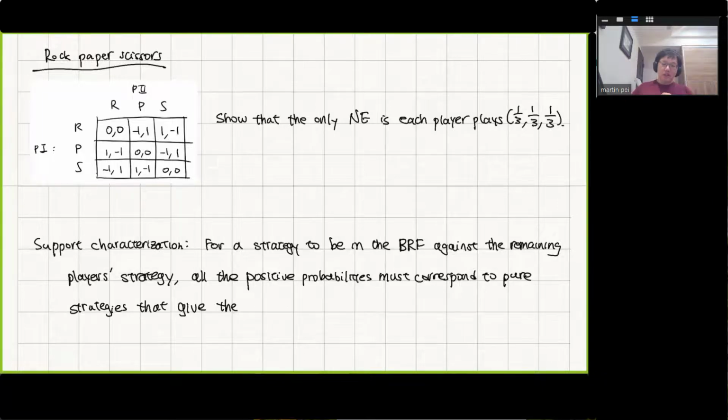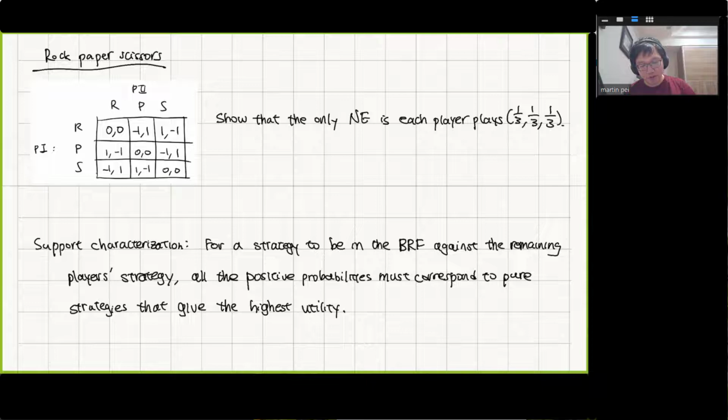So if I play a strategy, which is a probability distribution over all of my pure strategies, and I play any pure strategy with positive probability, that means that pure strategy has to have the highest possible utility against the other players.